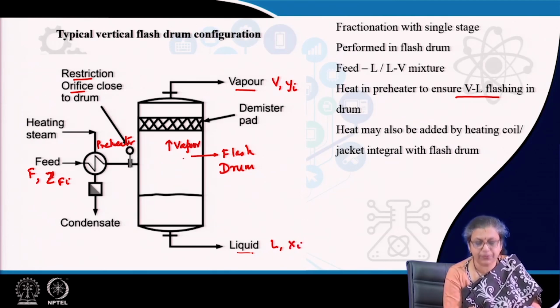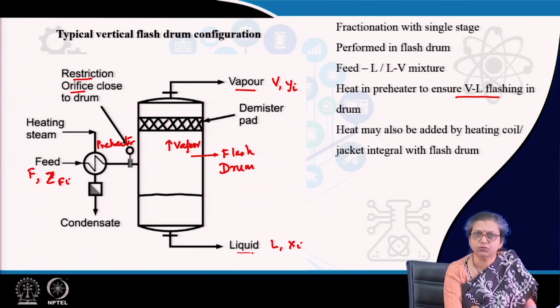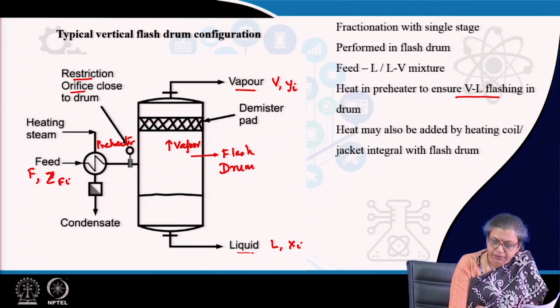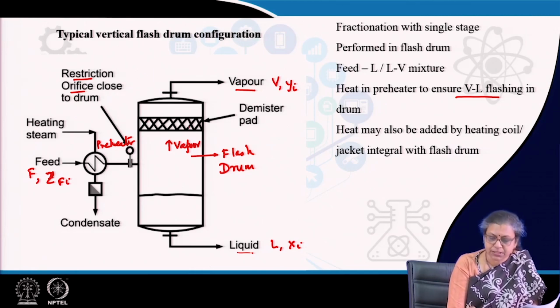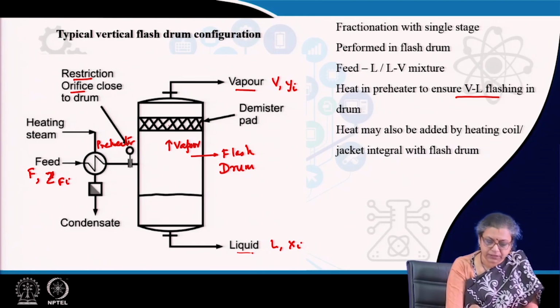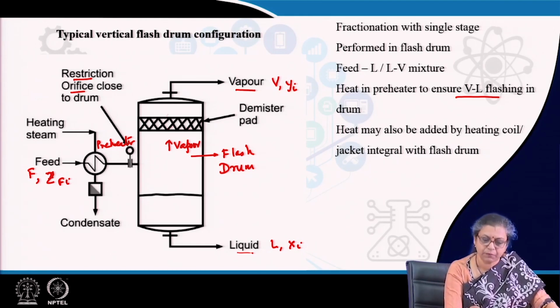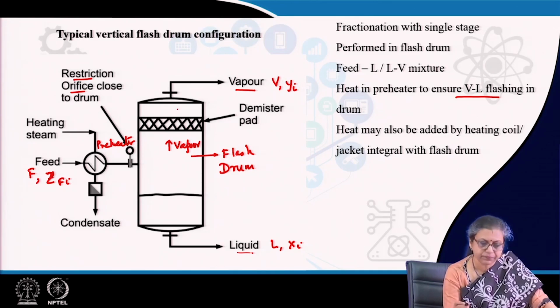Now, after separation, it always happens that the liquid forms small droplets. These droplets can be drawn out with the vapor. In order to arrest the liquid droplets and to ensure that almost dry vapor leaves the flash drum, we have demister pads which arrest the liquid and prevent the liquid passage along with the vapor.